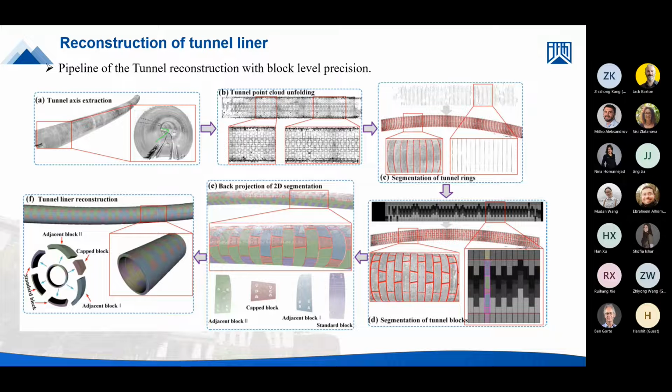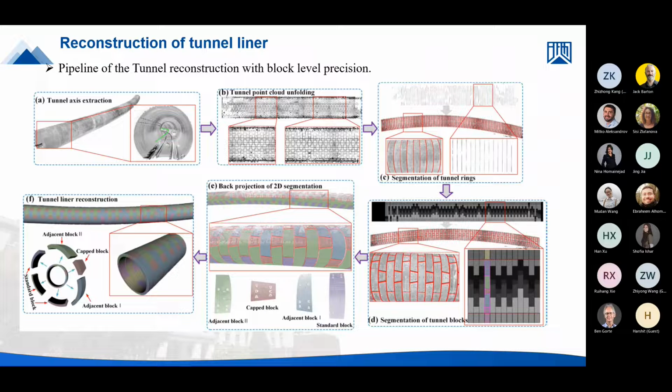So this is the pipeline of the tunnel 3D model reconstruction with block-level detail. At the beginning, we extract the axis, and we extract the cross section, and we unfold the point cloud into two-dimensional images.